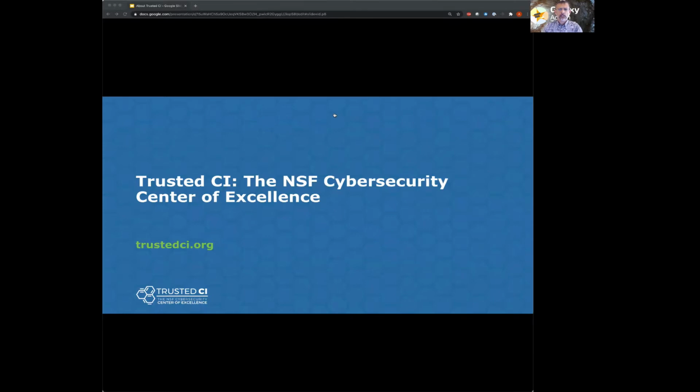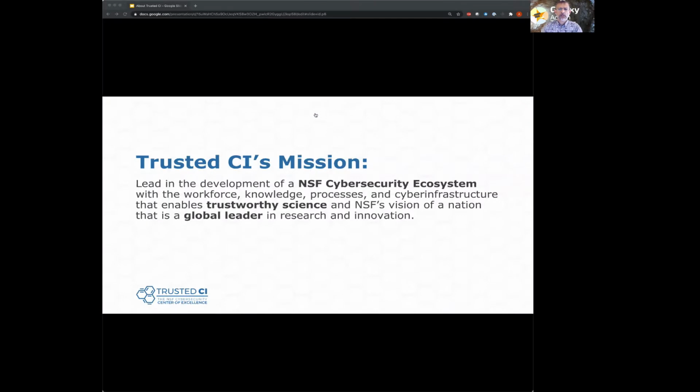Trusted CI is the National Science Foundation's Cybersecurity Center of Excellence. Trusted CI's mission is to create an ecosystem for the National Science Foundation where the workforce, knowledge, and processes having to do with cybersecurity can be developed, as well as cyberinfrastructure that can help enable trustworthy science, that is, science created using cyberinfrastructure that has been secured and has that assurance of creating science that can be trusted by the practitioners as well as the consumers, that is, the public.